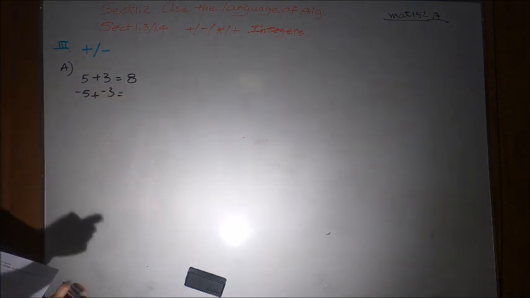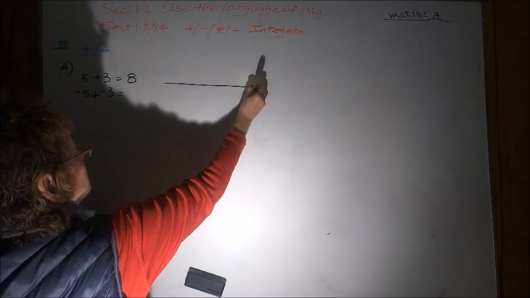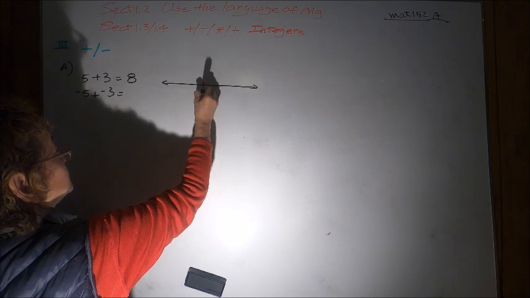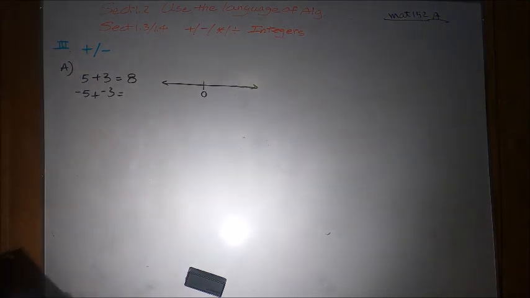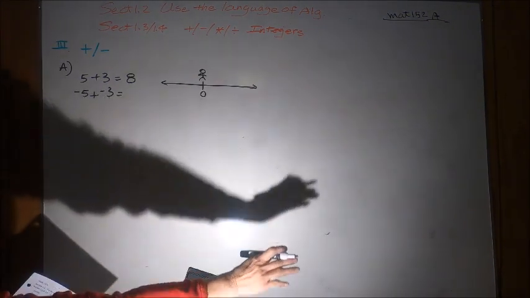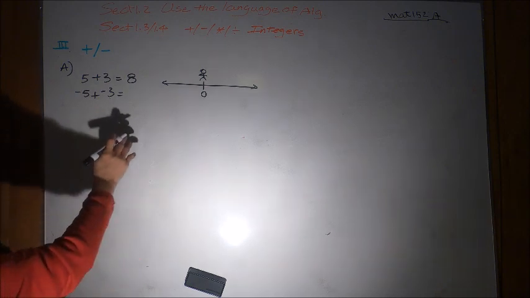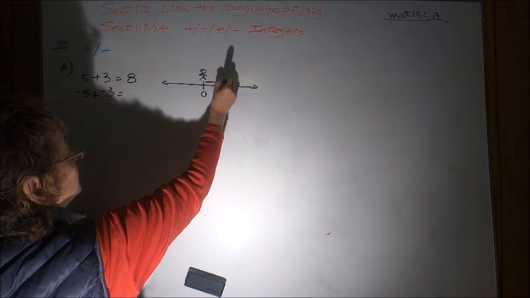So you look at it this way, and that's your 0, right? 5, you are here. Positive, you go to the right. Negative, you go to the left. So 5, you go to here, 5.